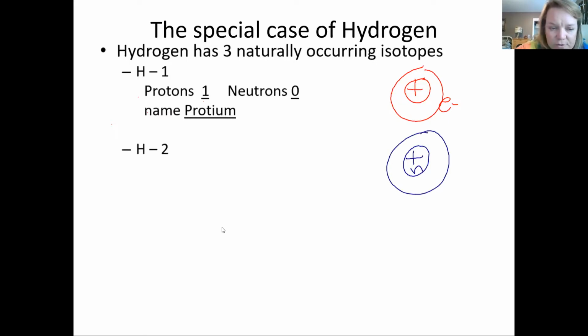And then there's no charge. I don't have any charge to the right of this, so it's going to have its little electron out there. But this is a proton and a neutron. You add those together, and that is your mass number.